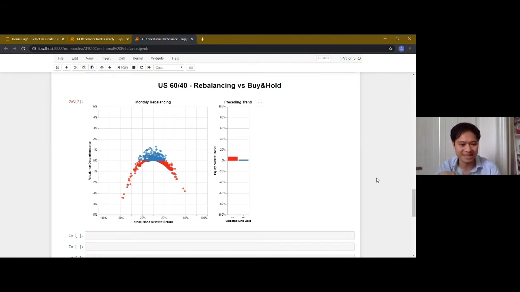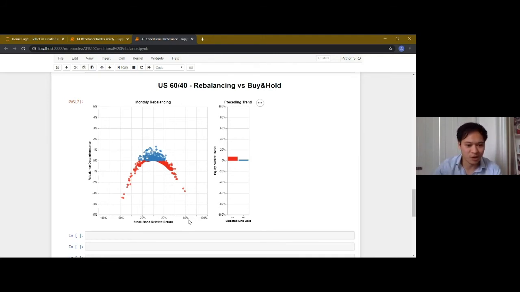The y-axis here is your relative performance of monthly rebalancing versus not rebalancing at all. The x-axis on this left-hand chart is the relative performance of stocks and bonds. So the left part of the chart is when stocks are dramatically underperforming bonds, and the right-hand side is when stocks are outperforming bonds.